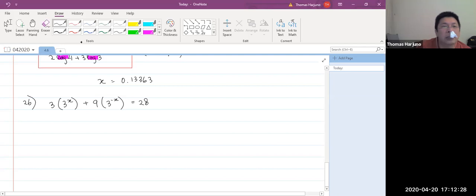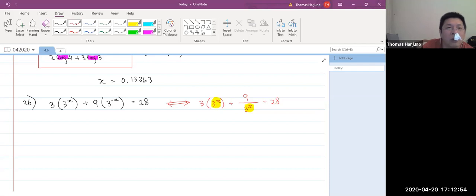You can see this problem as written this way: 3 times 3 to the x plus 9 over 3 to the x equals 28. Then you realize, I can substitute this ugly guy here by u, and I can multiply the whole equation by it.